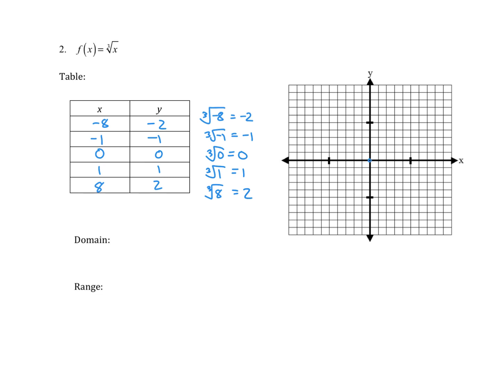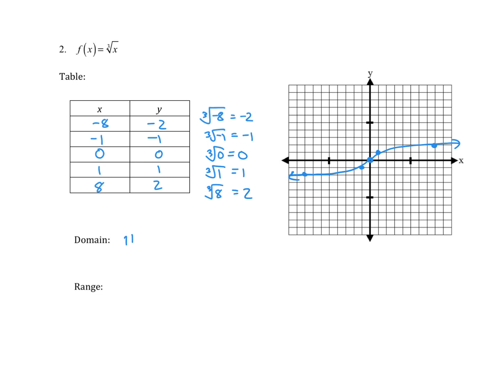I'll start in the middle at 0, 0 and do my positive values, 1, 1, and then right 8 up 2. And so the positive half of the graph kind of looks like our square root function, but increases a little slower. And then on the left-hand side of the graph, we've got the point negative 1, negative 1, and negative 8, negative 2. So this graph does go in both directions.